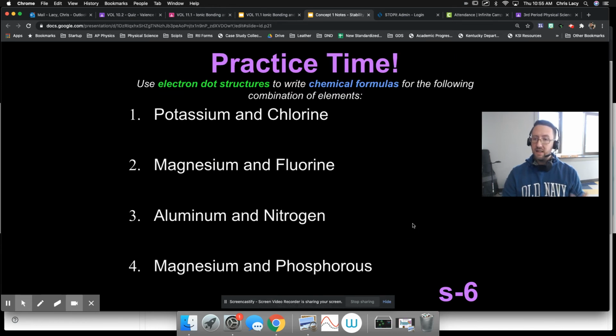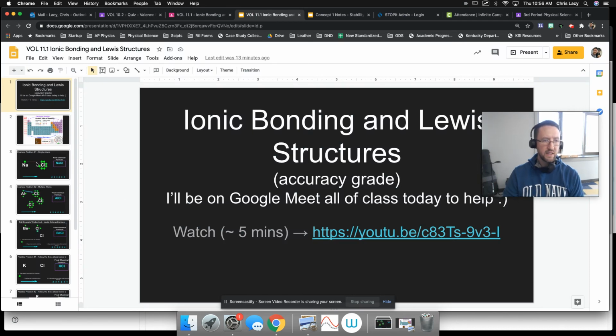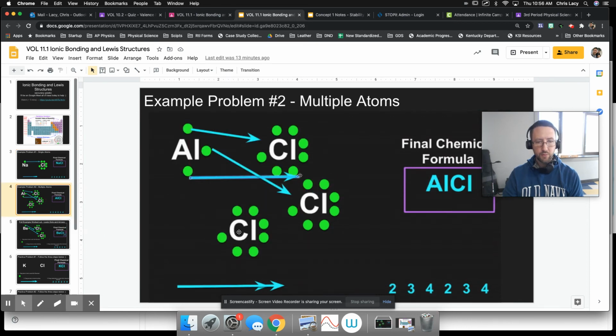Okay, practice time. This is going to be what we're doing on Monday. We're going to be manipulating these, and let me actually take you over to that so you can see what we're doing on Monday. The example problems that we did today will be on the video walkthrough. This is showing you how to manipulate the arrows. This was example problem 1. This was example problem 2, where we have to take and drag the arrows and move them in here.